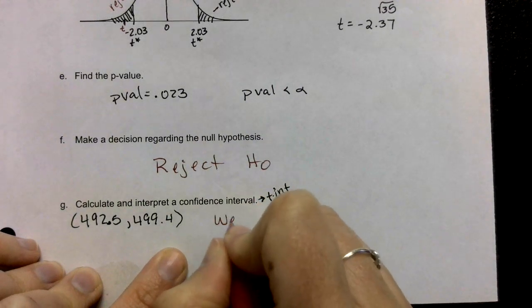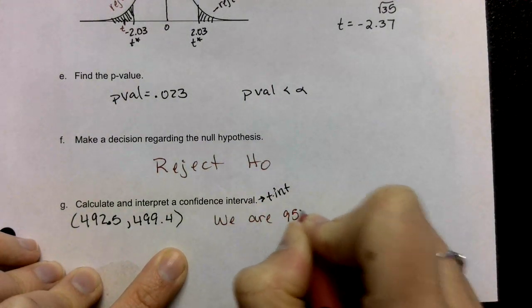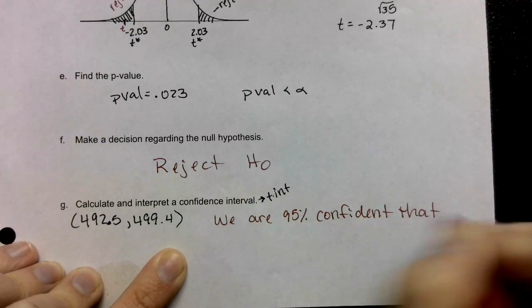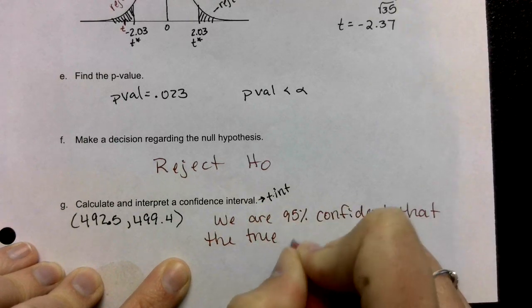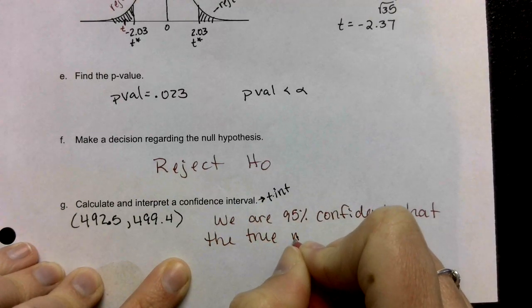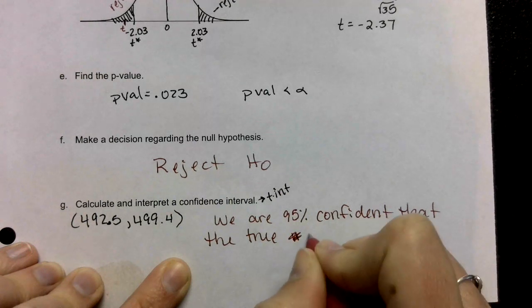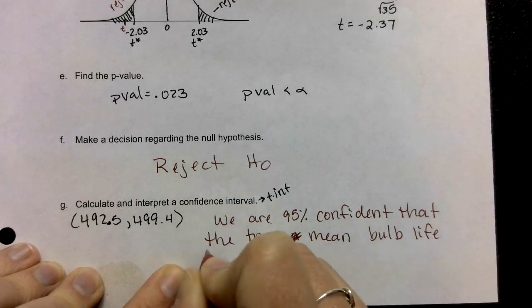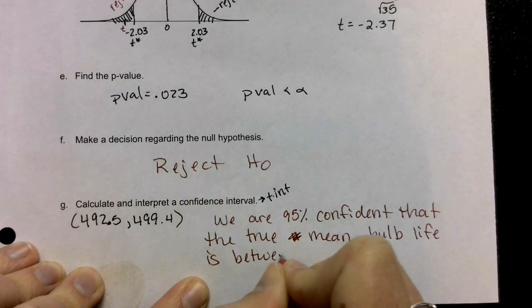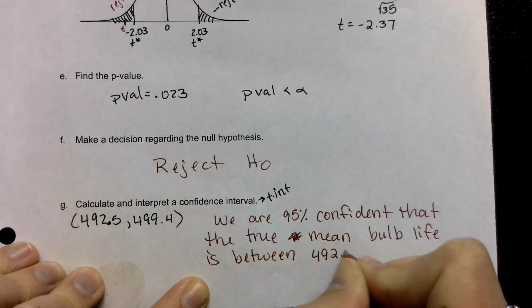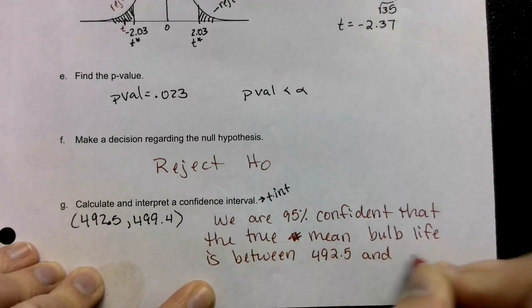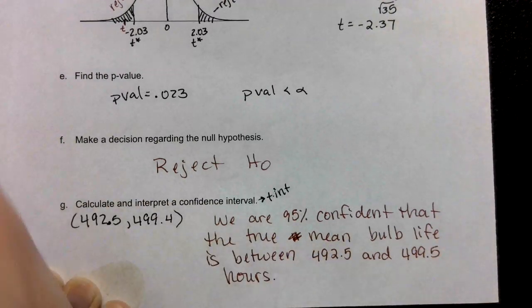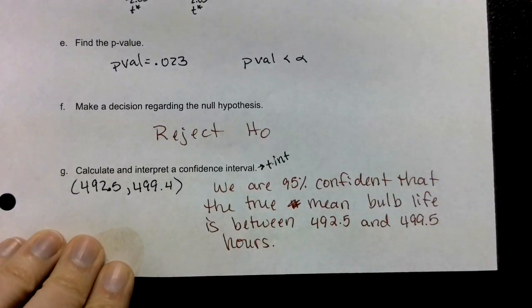But our interpretation is we are 95% confident that the true mean bulb life is between 492.5 and 499.5 hours.